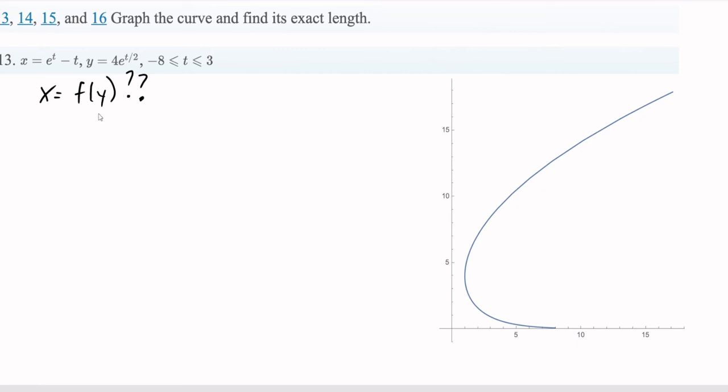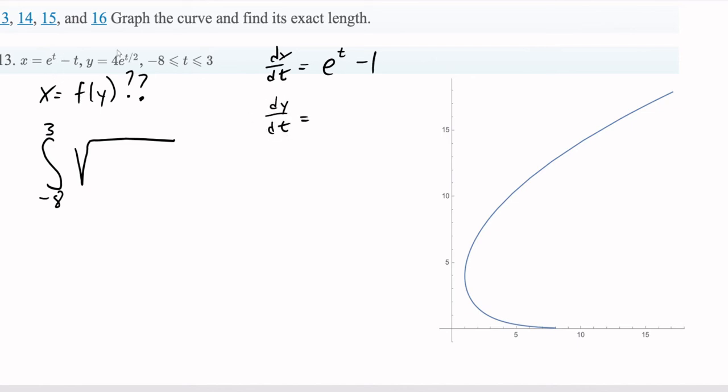So let's just treat this like we've got the two parametric equations. This is going to be the integral from -8 to 3. Go a little quicker on this one. Square root, and now, what do we need? We need dx/dt. That's e^t minus 1, doing this derivative. dy/dt, we've got to be careful with this one with the chain rule.